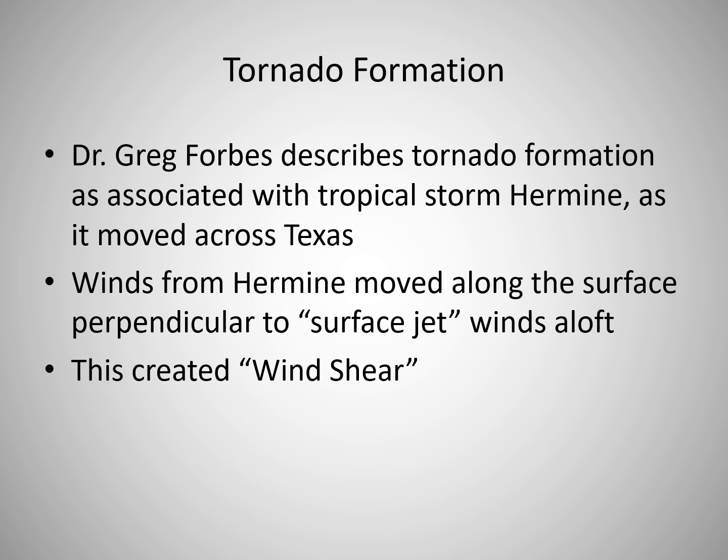So in the case of Hermine, you had winds at the surface that were going in a certain direction, let's say moving to the east, but then you had winds above that at a higher altitude that were moving north. So you had winds that were perpendicular to each other. Okay, that's one type of wind shear.